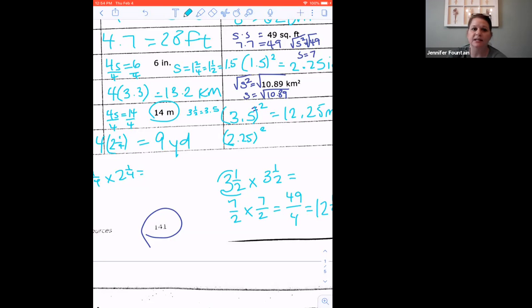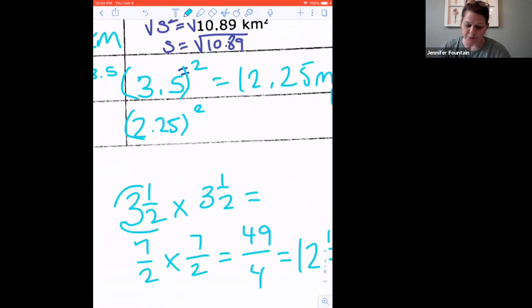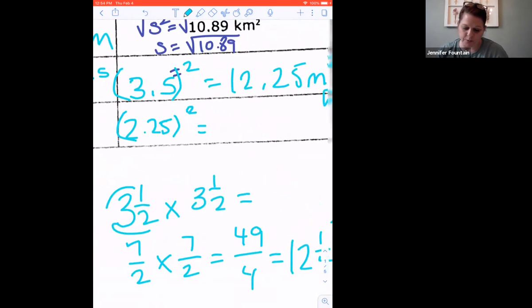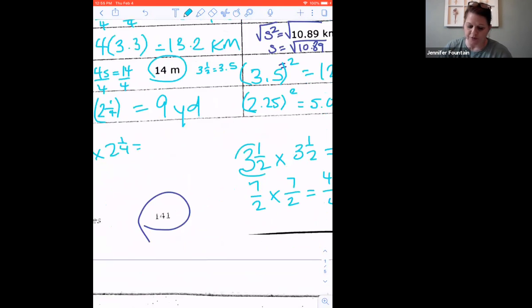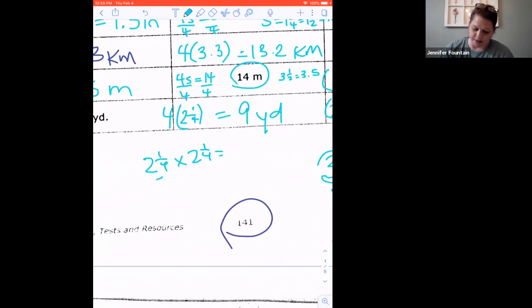Okay, so like I said, if you wanted to work with your decimals, 2.25 squared is going to equal 5.0625. Or if we worked with our fractions, I go to an improper fraction, and 4 times 2 is 8, plus 1 is 9.